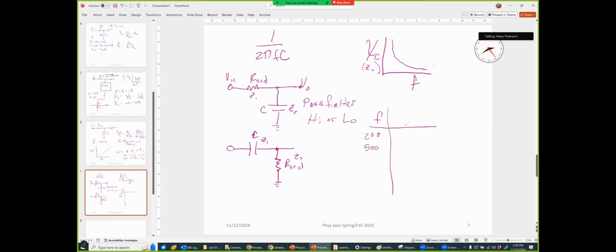I'll go look. And for each frequency, you're going to measure V out and V in. And you're going to make two tables today for each of these two circuits. Two circuits, two tables.